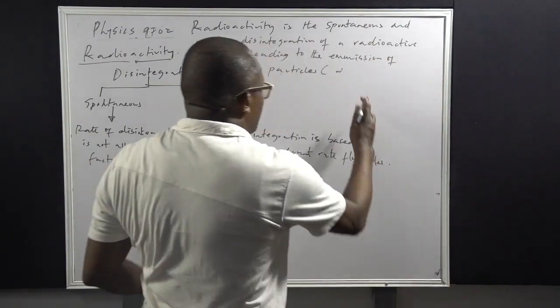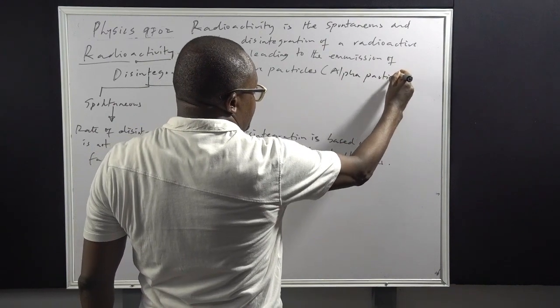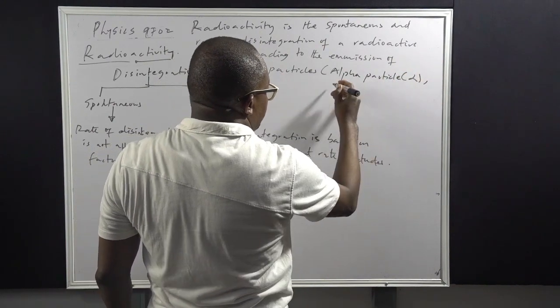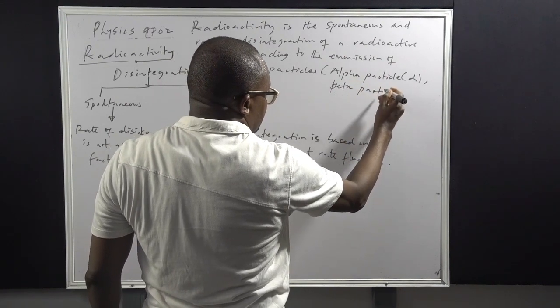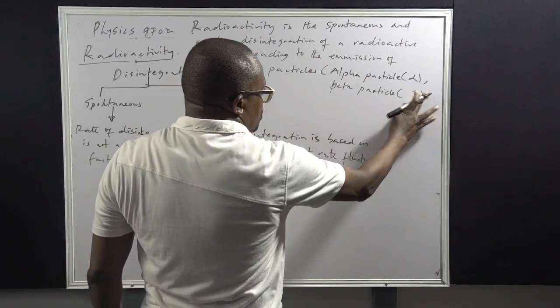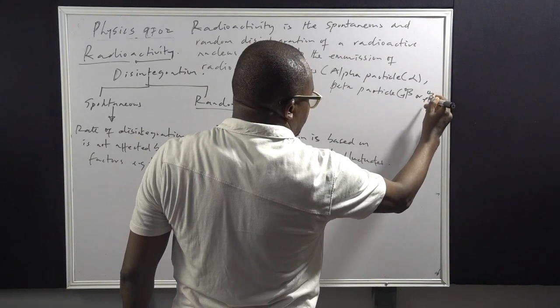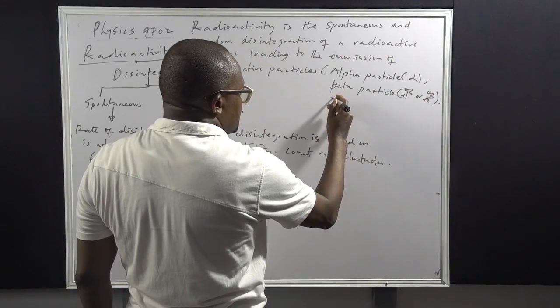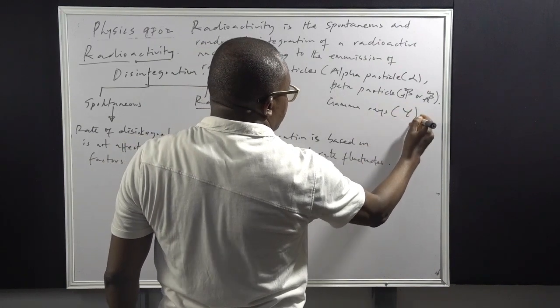What are these particles? Let me write them out fully. Alpha particle, beta particle, gamma rays. So beta, you can have beta minus or beta plus. Then gamma rays.